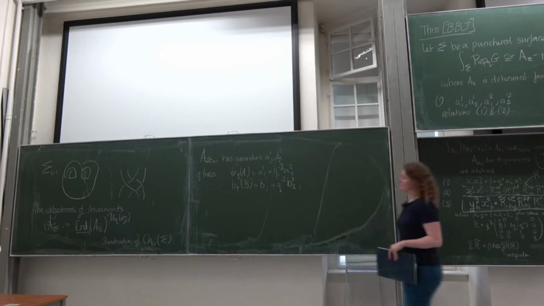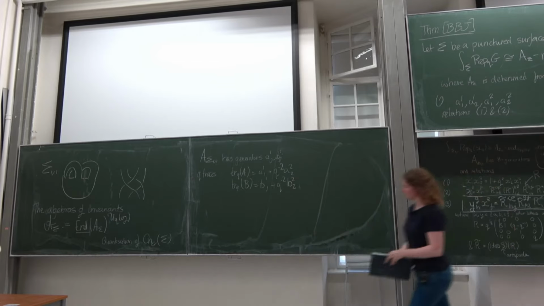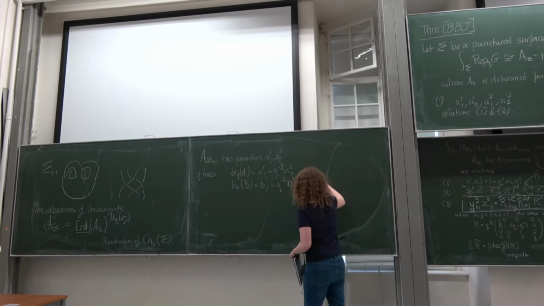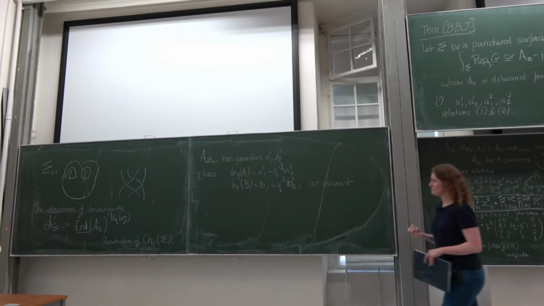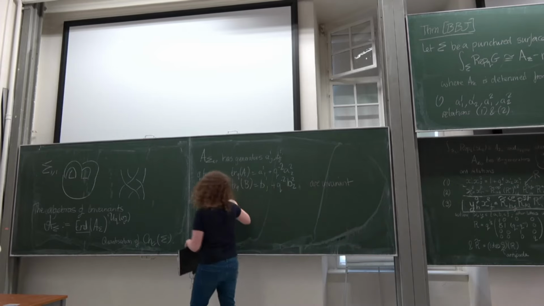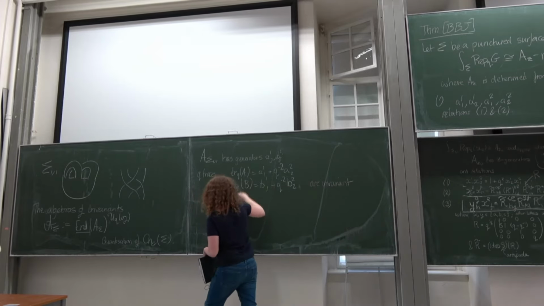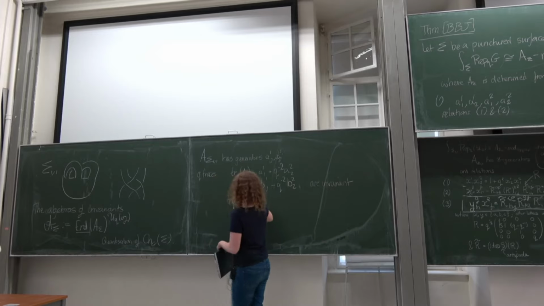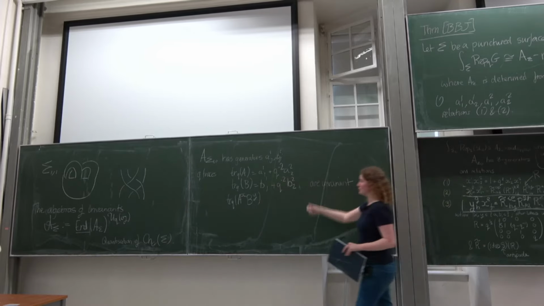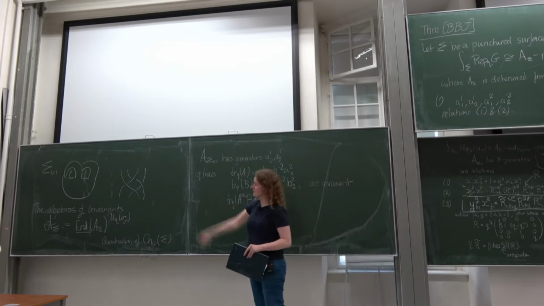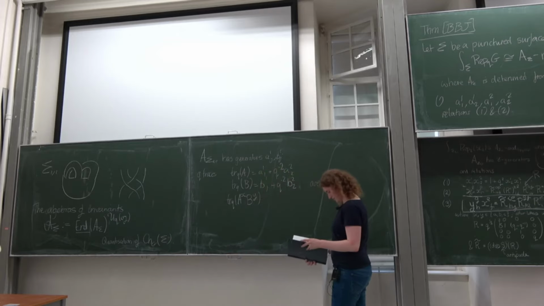These traces are invariant under this action, as actually are the traces of any power of A and any power of B. So these all give you invariants, so they should all be in this algebra, in the invariant algebra.